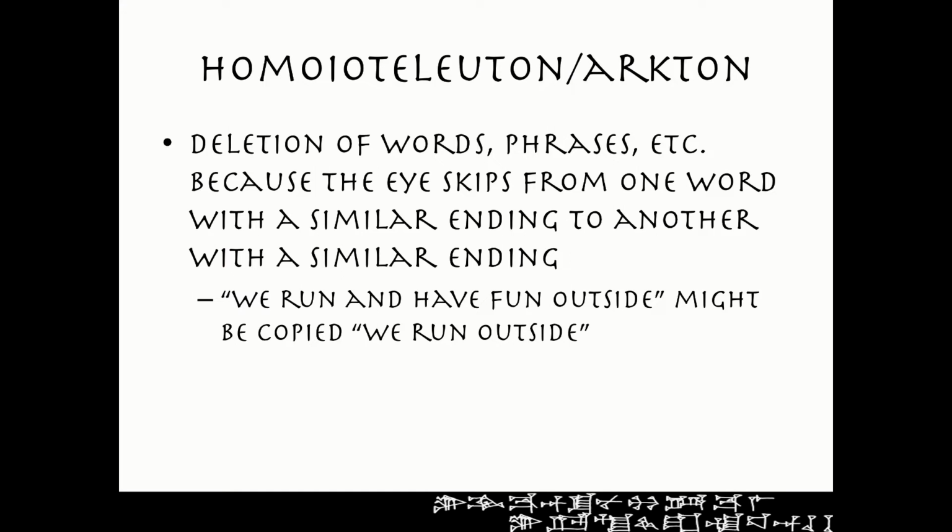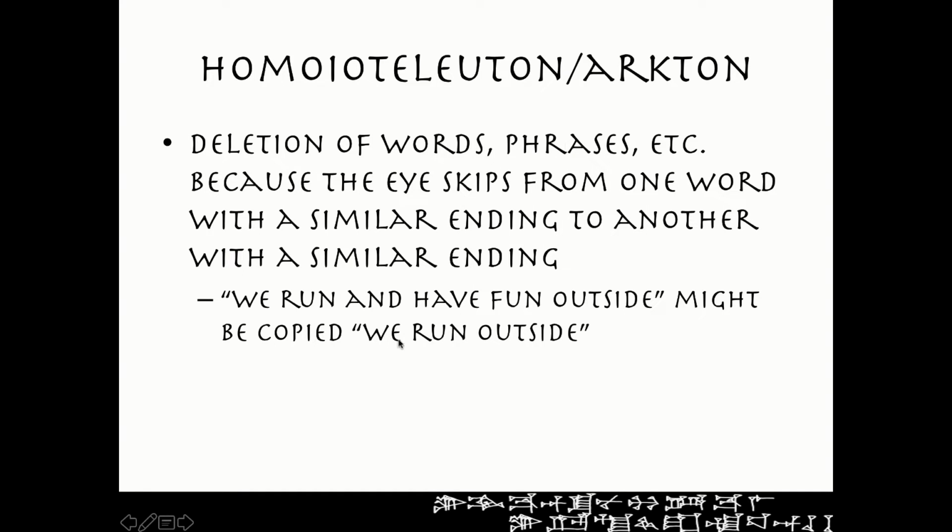So if we had the phrase, we run and have fun outside, the "un" and the "un" might draw your eye. If you were writing this and you wrote, we run, you read that, you looked down, you wrote, we run, and then you looked back up and you saw the "un" here, you might write outside and delete all of this because your eye skipped from here to here.